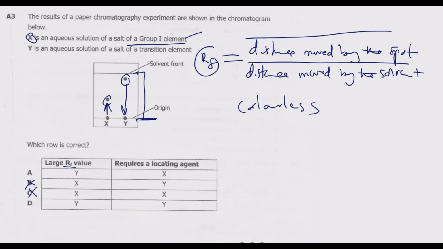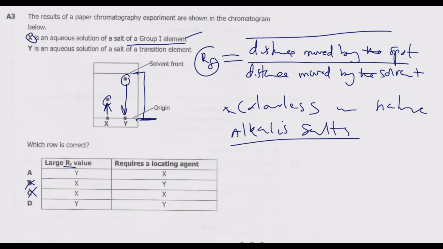So because of that, they are colorless in nature. What it means is that to locate this, you would need a locating agent, because there is no color you can see. So X should require a locating agent.